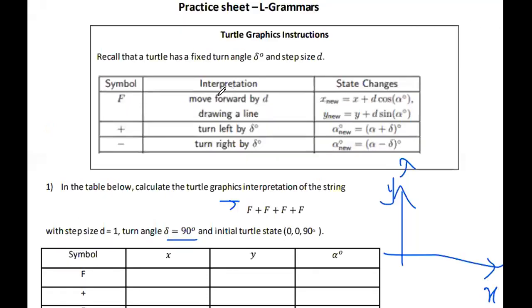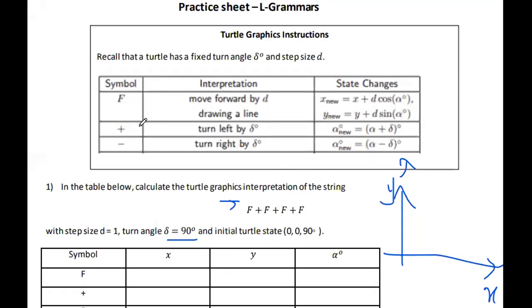Now we are going to visualize this word. To visualize it, you have to define the symbols meaningfully. There are three symbols.